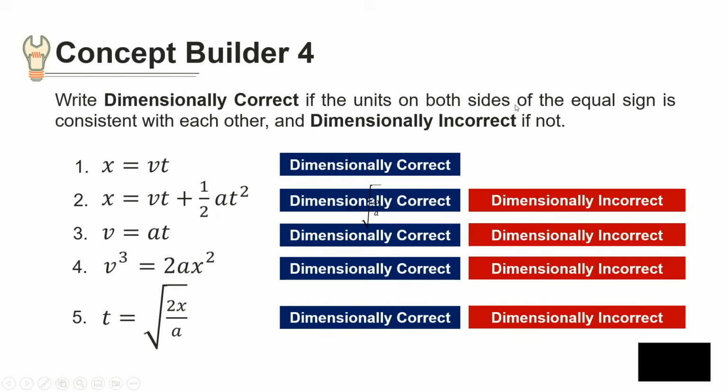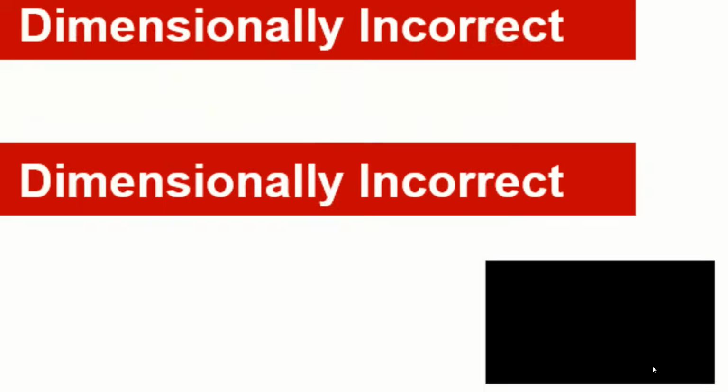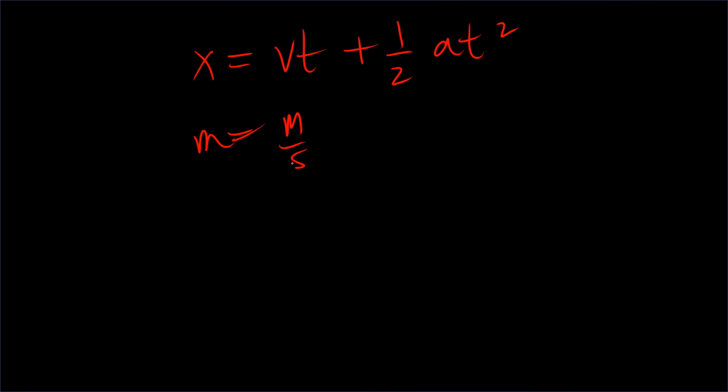So how about number 2? So x is equal to v times t plus 1/2 at squared. So how do we now solve this one? Again, kunin natin yung units. So this is position, so meter. We have here velocity, which is meter per second times second, plus, sa dimensional analysis, we do not include the coefficient in solving.